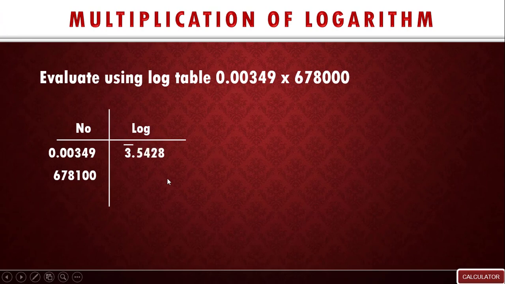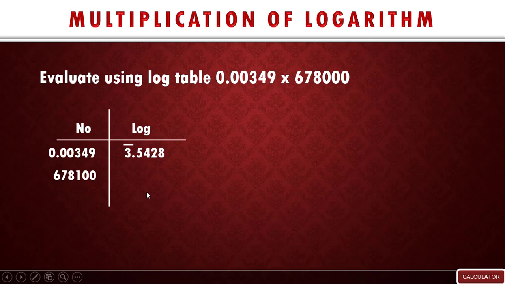So we determine the reference position, and we got the characteristic here to be bar 3. Then we make use of a workaround, making use of our calculator. But if you go into your 4-figure table and check your log table under 34 under 9, it's going to give you 5428.